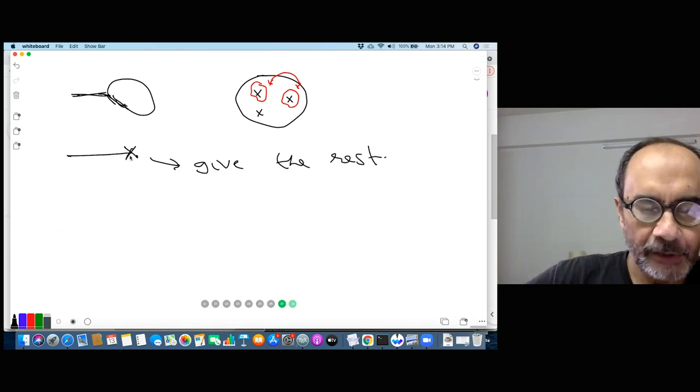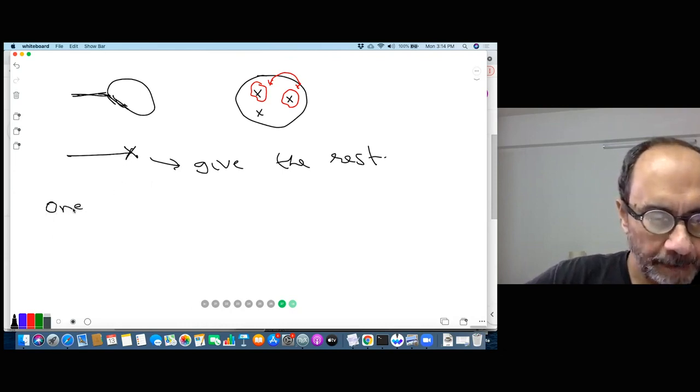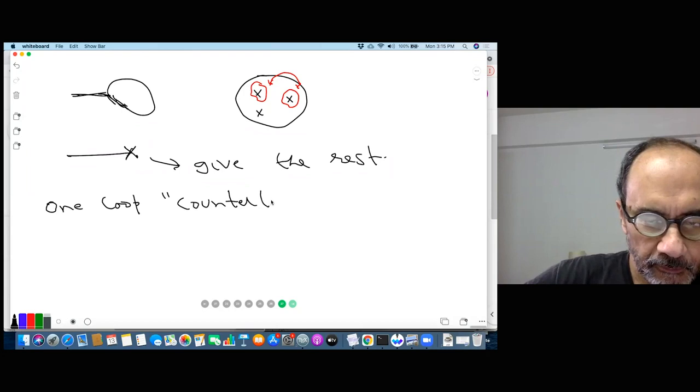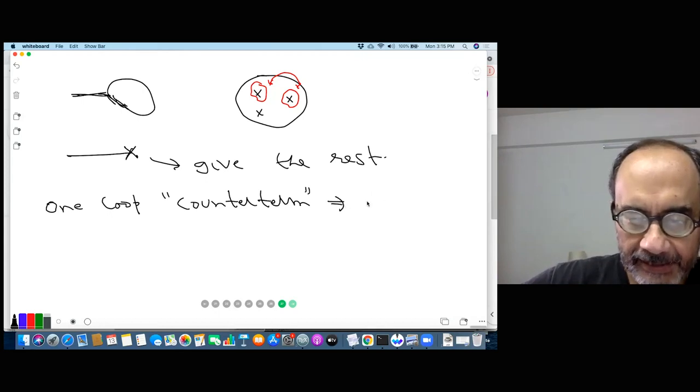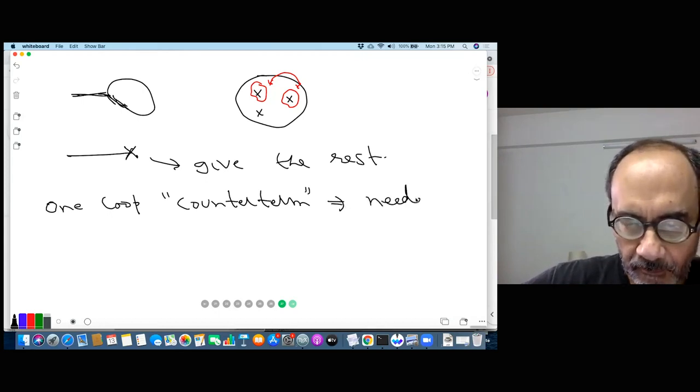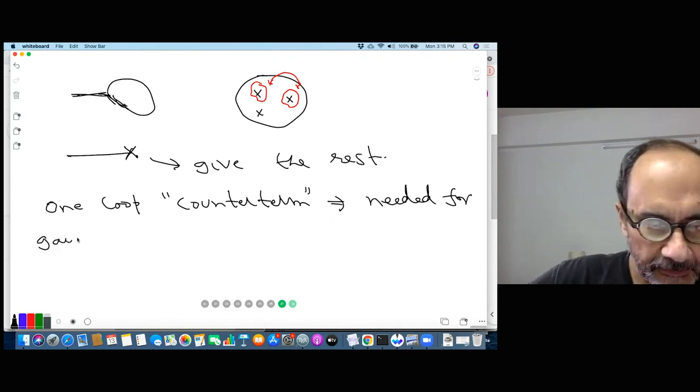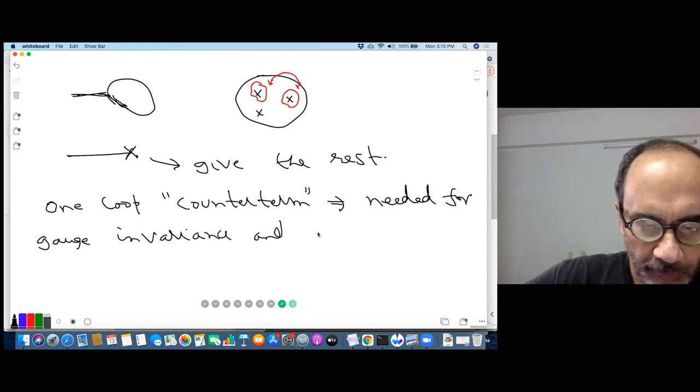The interpretation of this contact diagram will be that it is like a 1-loop counter term, counter term in quotes. It's like a counter term that we add in quantum field theory, except that this is needed for gauge invariance and not UV finiteness.